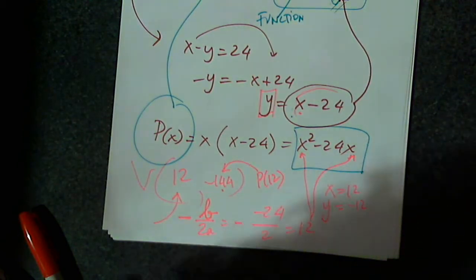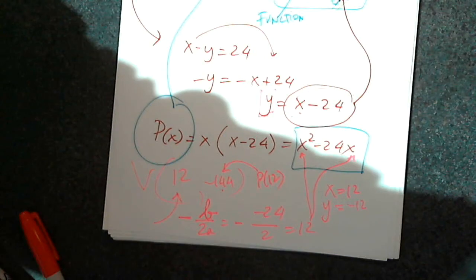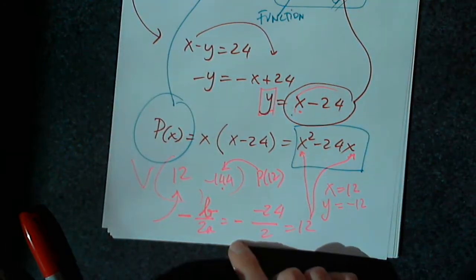So let me show you. We have 12 squared, and then minus 24 times 12. And here it is. Because that's how we determine the product. To find the y, you plug in 12 for x. That's what we always do for the vertex, for any point.